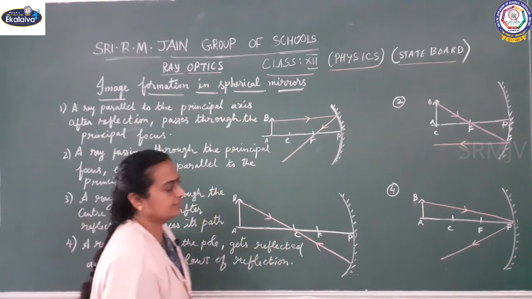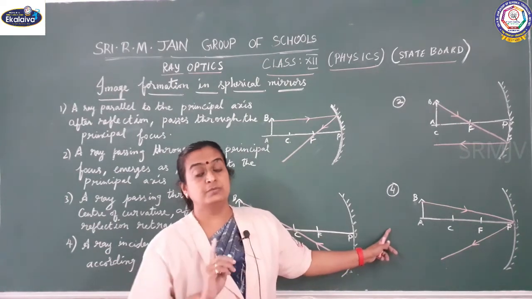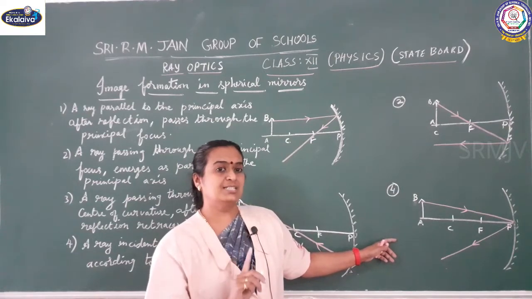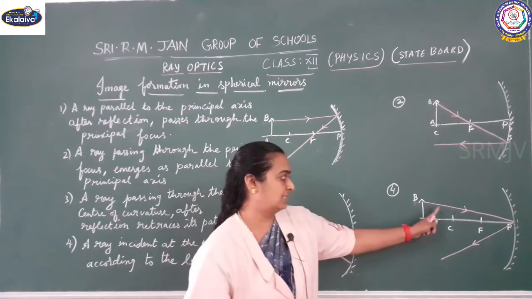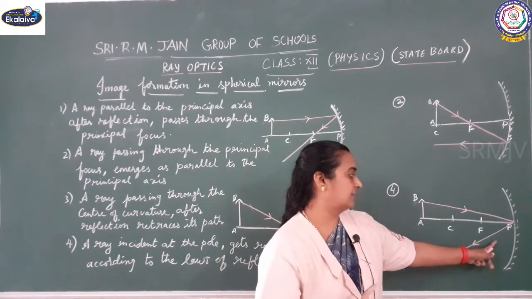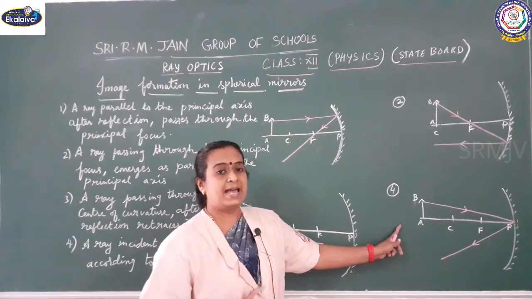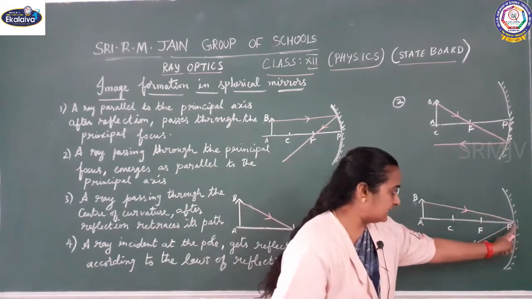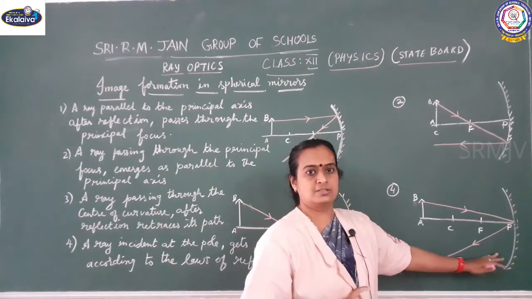Here this principal axis becomes the normal. Whenever we consider laws of reflection, we need to consider three lines: two rays and one normal. This is the incident ray, this is the reflected ray, and we need to have a normal. So here the principal axis will act as normal. This ray getting incident at this point P gets reflected according to the laws of reflection.